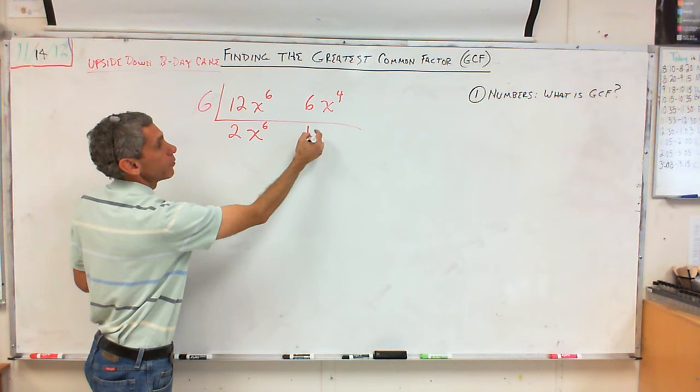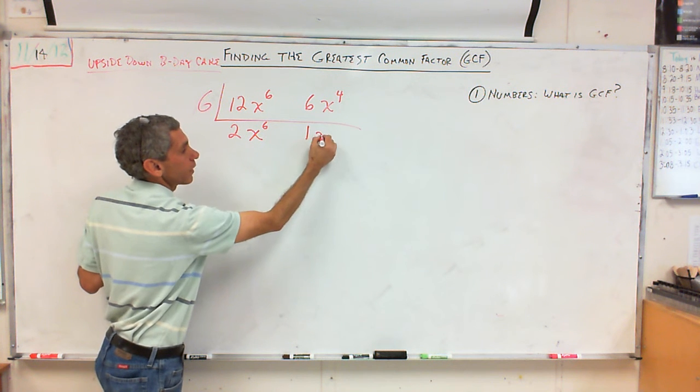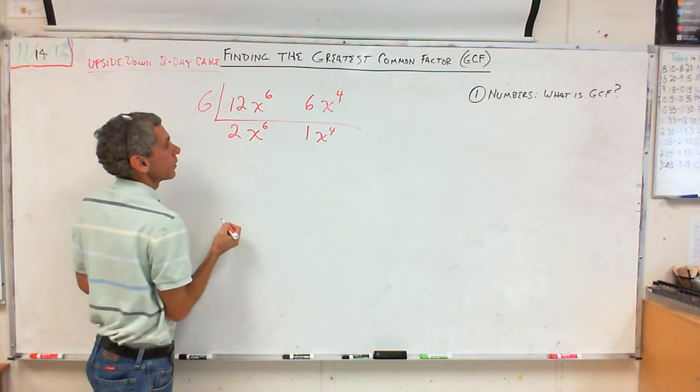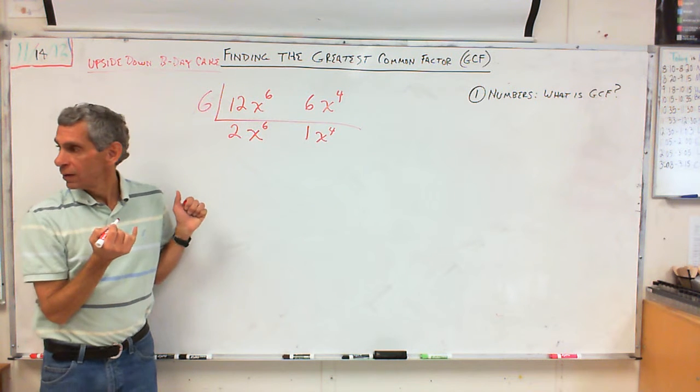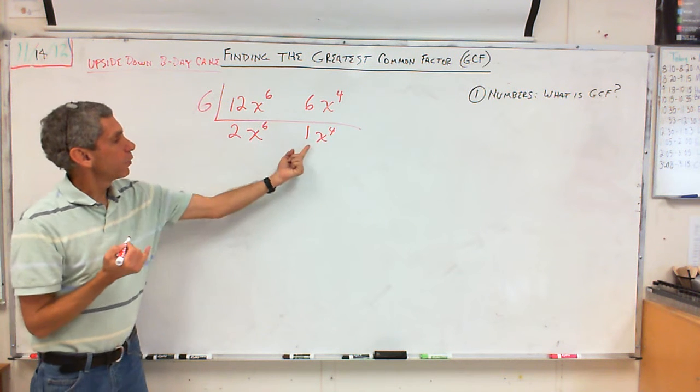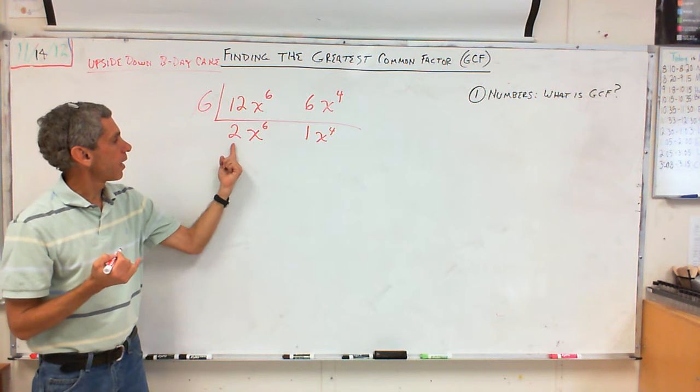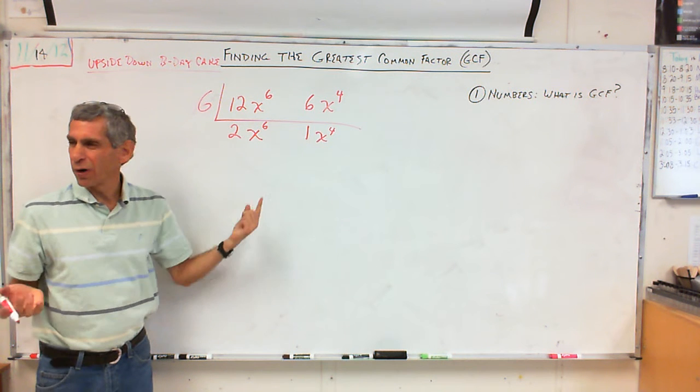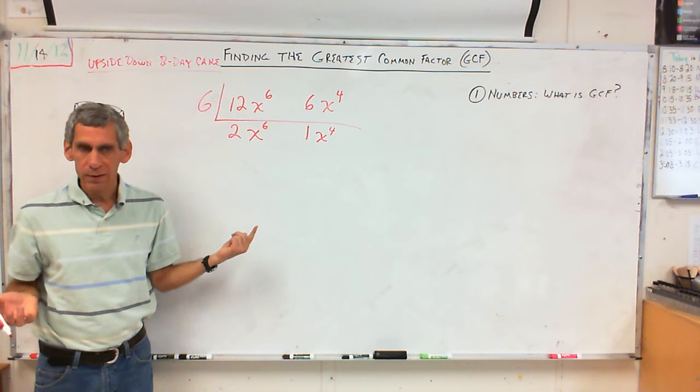Once, right? But I didn't do anything to the x to the 4th, so I bring that down. With the numbers, is there anything else I need to take out? 2 and 1, they're both prime numbers. I can't go any further, right?